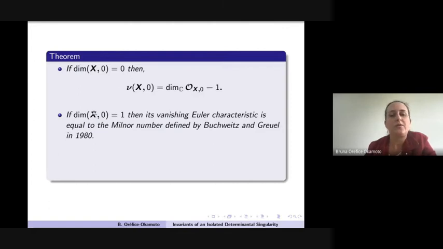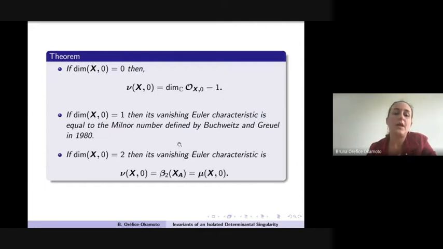If the dimension of X is equal to 1, that is, X is a curve, then the vanishing Euler characteristic is equal to the Milnor number defined by Buchweitz and Greuel. And in the case the dimension of X is equal to 2, then the vanishing Euler characteristic is equal to the second Betti number of X_A. And in this case, I could call it the Euler number.